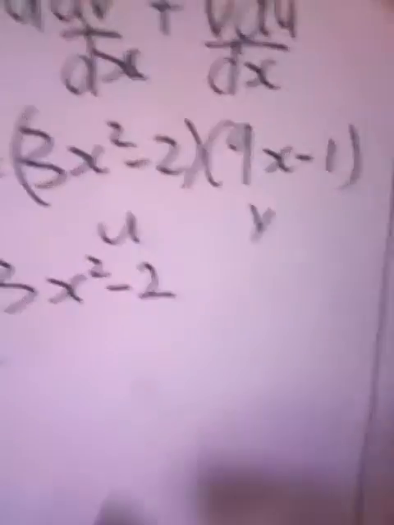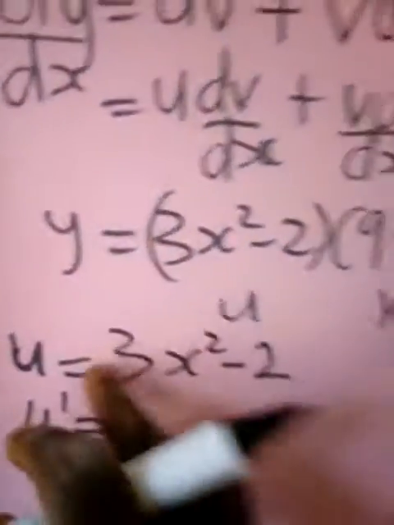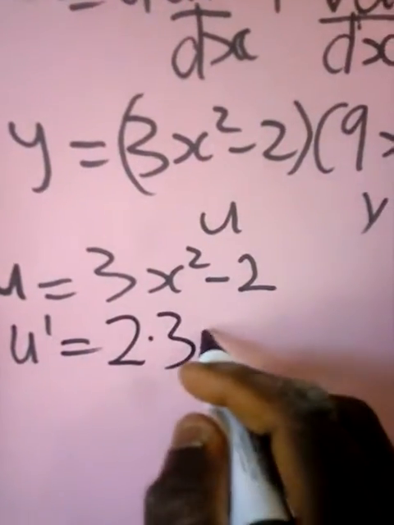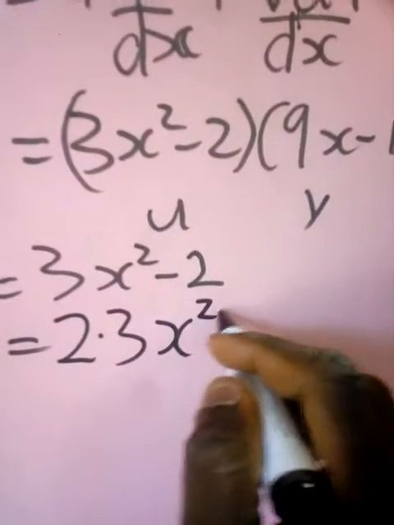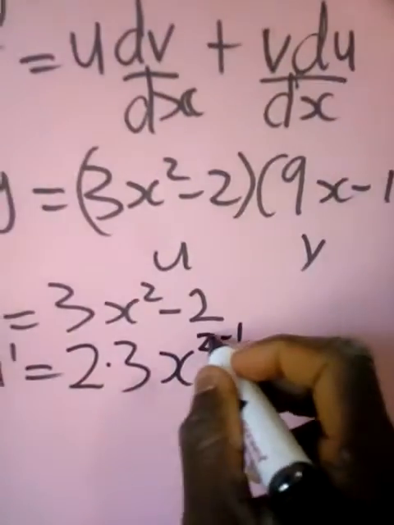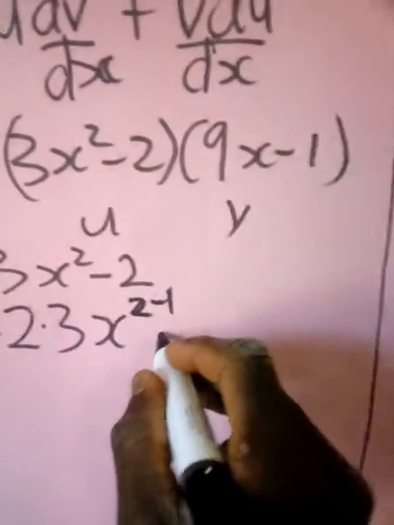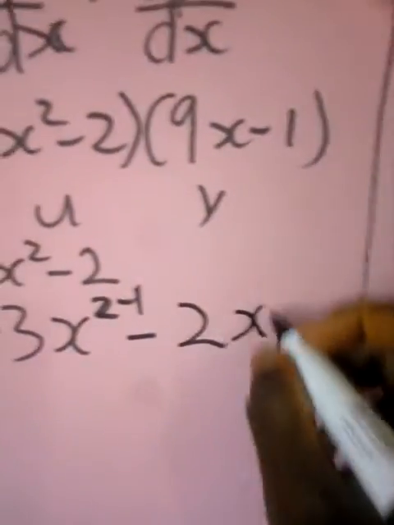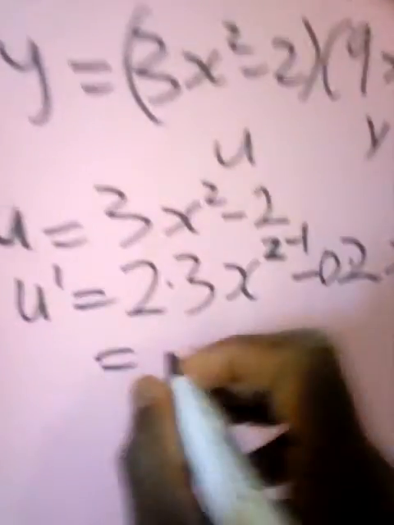If I differentiate this, remember from the power rule, power comes down, power goes up minus 1. So 2 multiplied by 3x to the 2 minus 1, that's 6x. Then minus 2, but as I told you, if you are differentiating a constant, you get 0. So u prime is 6x.